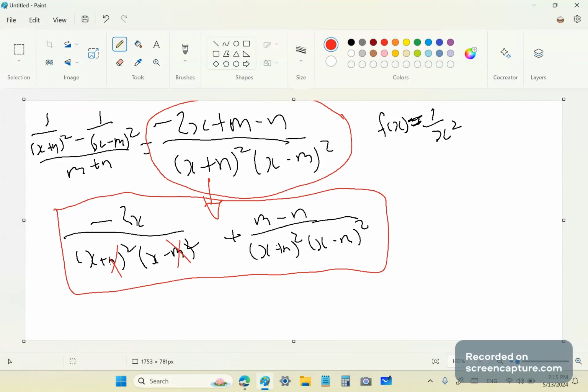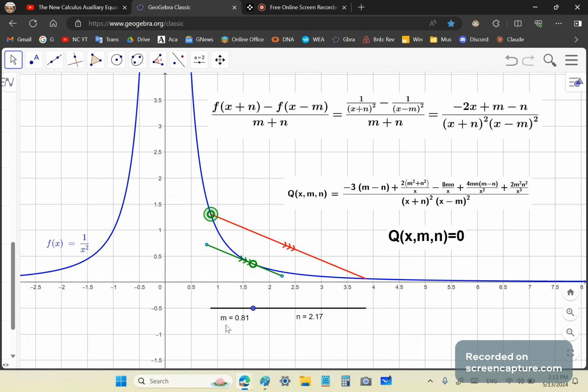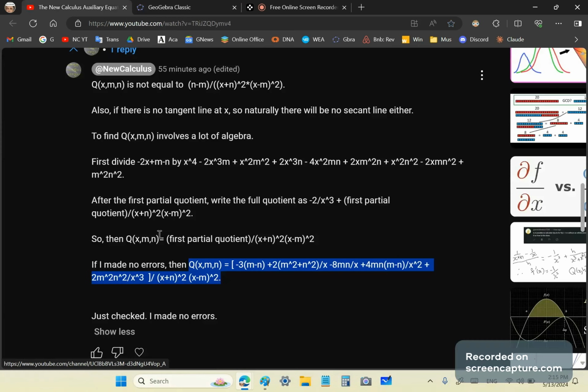So ideally, if you want to get an expression for q of x m n like this, you will do the long division, which means expanding this expression here first, multiplying it out and getting what you see over here, and then you'll find the first partial quotient. That's all you need, and then you get a closed form, right?